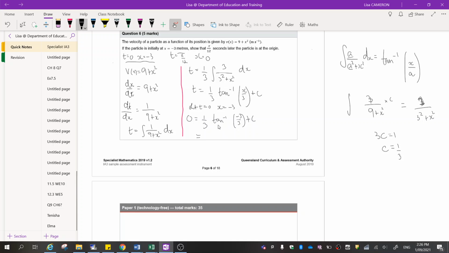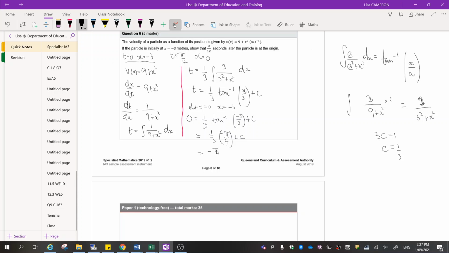So all I need to do now is figure this part out. Tan inverse of negative 1 is negative 45 degrees, so that'll be negative pi on 4, multiplied by 1 over 3, plus c on that side.